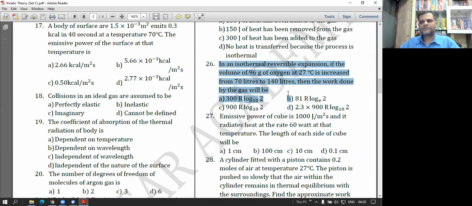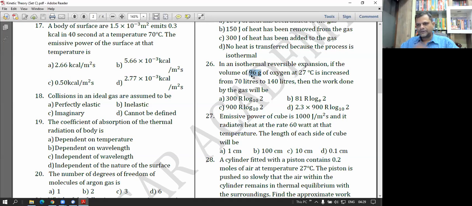In an isothermal expansion, the volume of 96 gram of nitrogen at 27 degrees Celsius is increased from 70 liters to 140 liter. Okay, then the work done by the gas will be, okay, देखो ठीक से यहाँ पे 27 डिग्री सेल्सियस पे गैस रखा हुआ है और mass of gas is also given 96 gram.